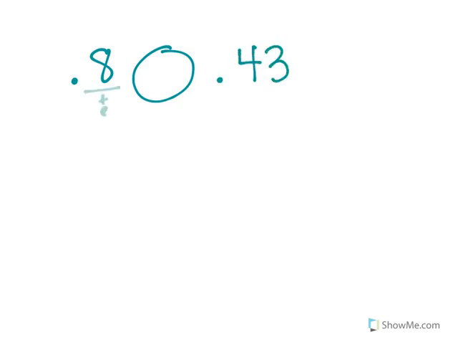Okay, last one, using the second strategy where I make them the same. So I'm going to give you 0.8 and I want you to compare it with 0.43. This one's in the tenths place and this one's in the hundredths place.